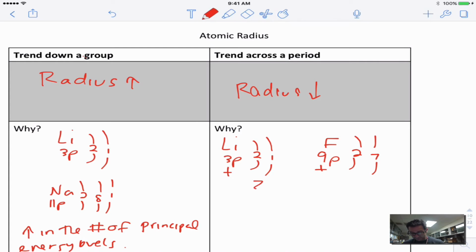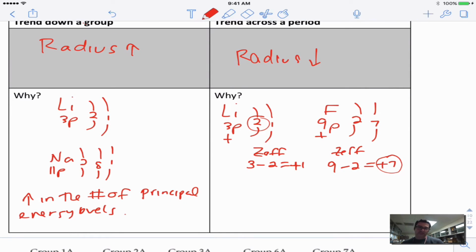So when I look at the effective nuclear charge, the Zeff, for lithium, I have 3 minus 2 inner electrons. I have a Zeff of +1. When I look at fluorine, I have a Zeff of 9 minus 2 inner electrons. I have a Zeff of +7. So if I were to put this into words, I would say the fluorine atom has a higher Zeff.